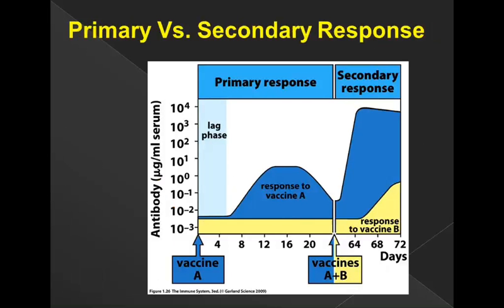So when we administer a vaccine or anything that's going to give you immunity, at day 0, the amount of antibody that's circulating in the bloodstream is very, very low. And that's what we're looking at here. The y-axis is antibody concentration in the serum or circulating in the bloodstream. And so this is when you came in contact with that antigen. If it was a virus or a bacterium that you hadn't seen before, it'd be the same thing.